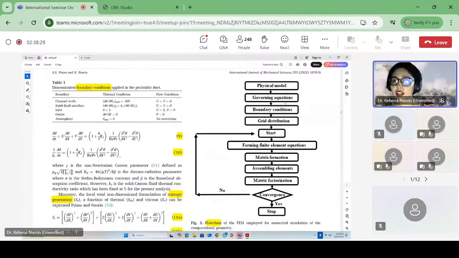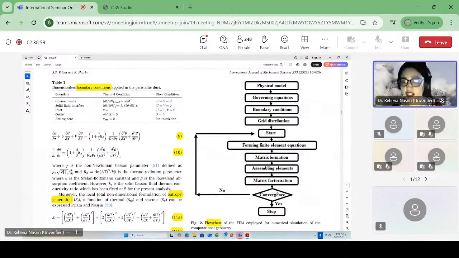This is the flow chart. We consider first of all the physical model, then we set the governing equations, then we set the boundary conditions. After that, we go for grid distribution. Then we start our model simulation. If we get our convergence criteria, then we can stop, get the solution, and stop the process.